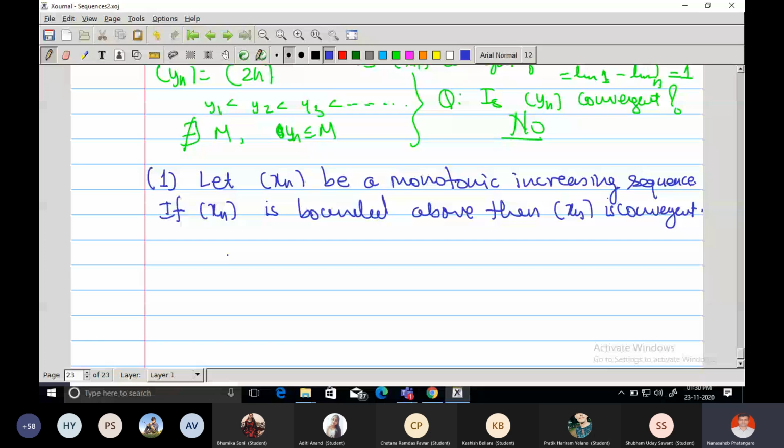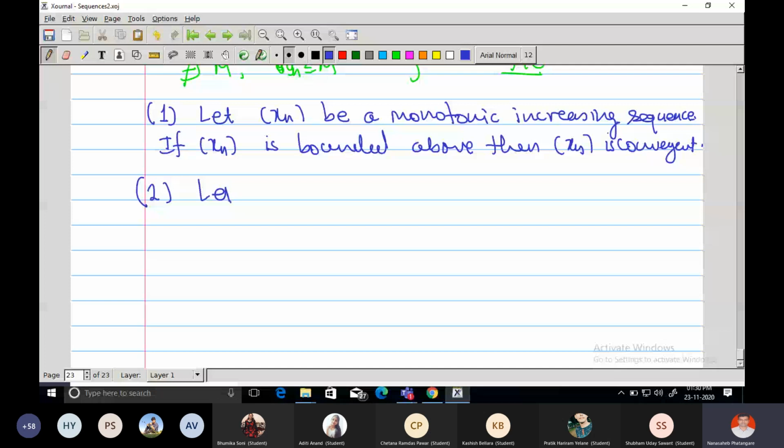If it is bounded above. Now the second statement: can you say the same thing for a decreasing sequence? What about a decreasing sequence? It should have a lower bound. Right. Let xn be a decreasing sequence, because the tendency is decreasing.